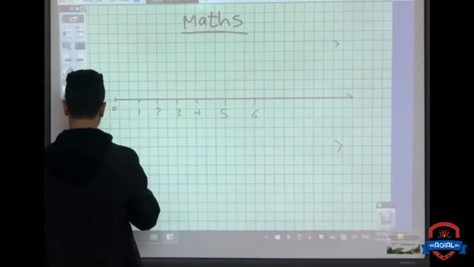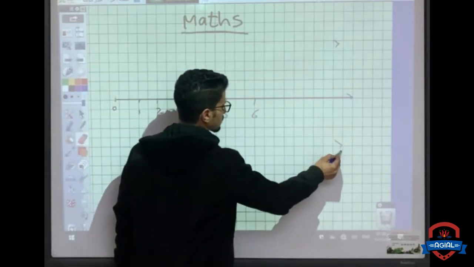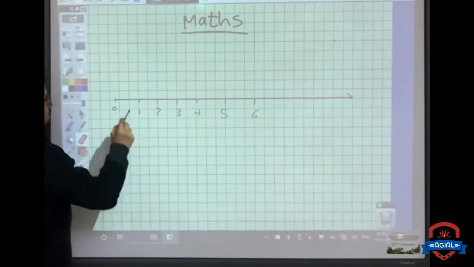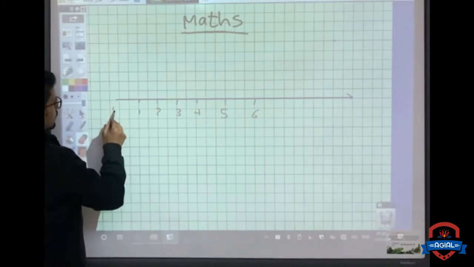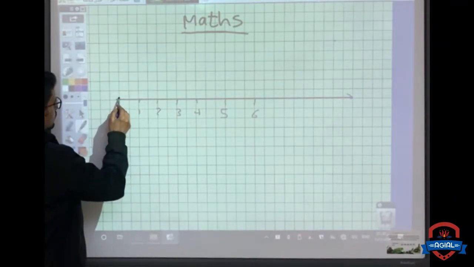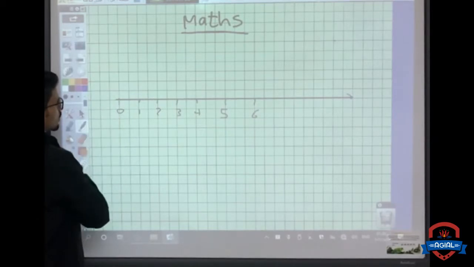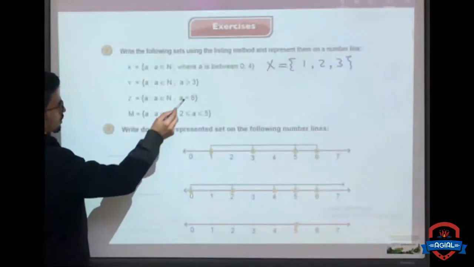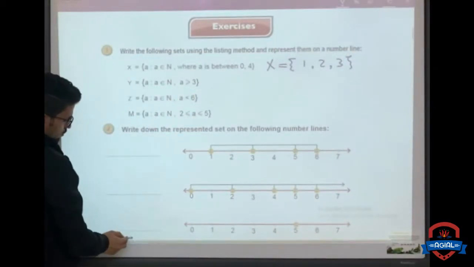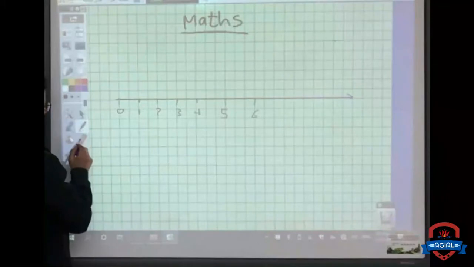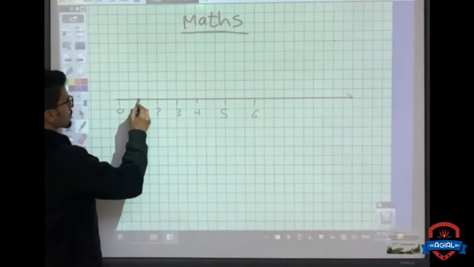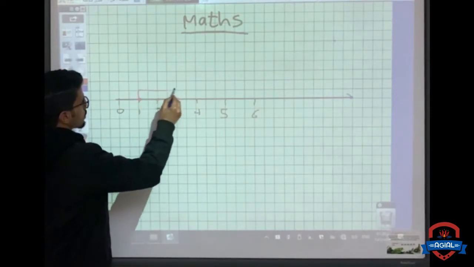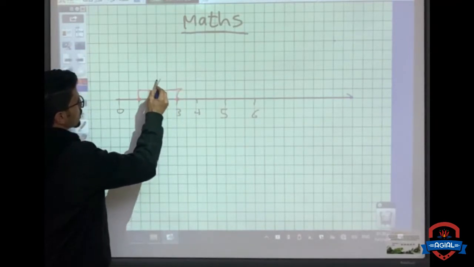Note that the distance between any two numbers on the number line should be equal. So we place 0 here. Now we need to represent the set, which equals 1, 2, 3. So we represent these elements 1, 2, and 3. Then we have represented the set X.